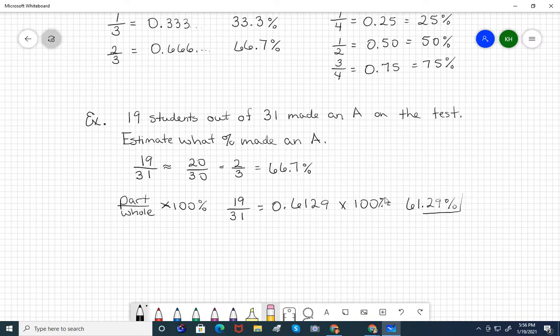Notice it's lower. It's lower because this is smaller. 19 out of 31 is actually a little smaller than 2/3, but it gave us a way to kind of estimate. I hope this helps you with fractions and decimals and percents.